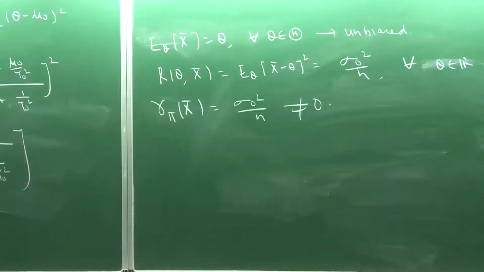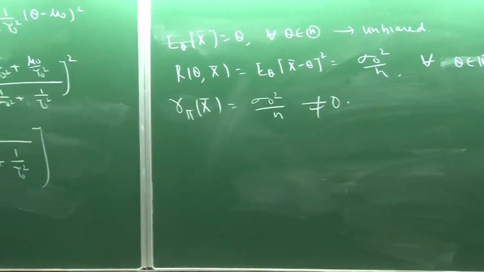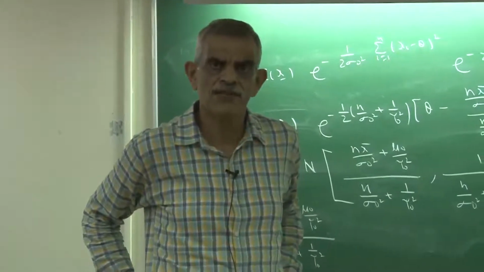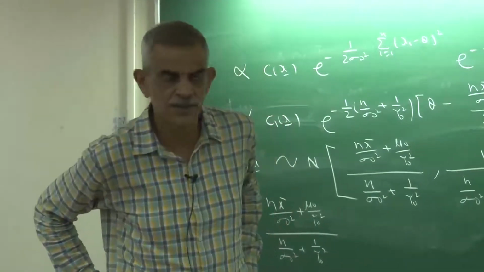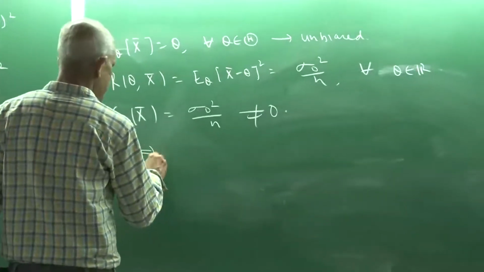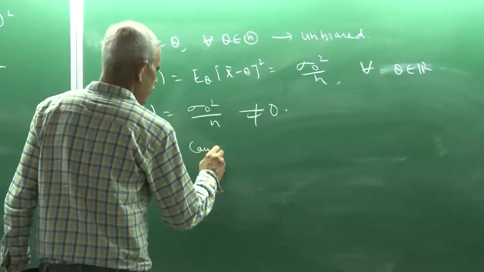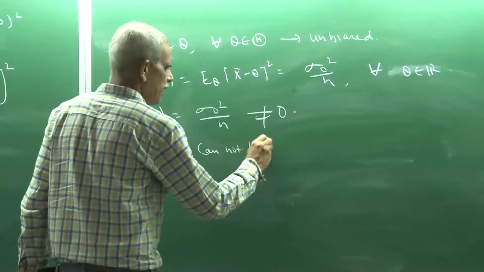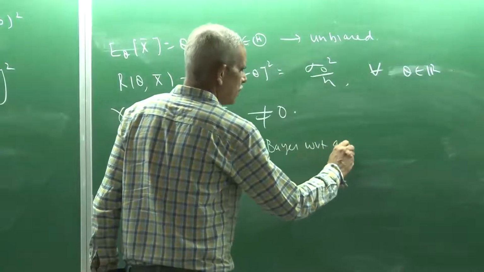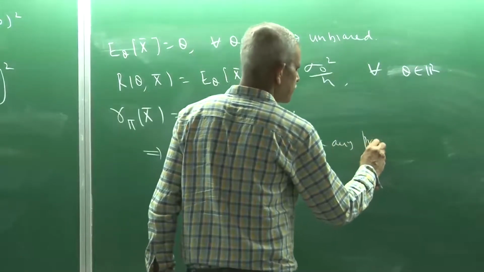And you did a result that if there is an unbiased estimator, and if that unbiased estimator is also the Bayes estimator with respect to square error loss function, then the Bayes risk has to be 0. Now here Bayes risk is not turning out to be 0, so this implies that x bar cannot be Bayes with respect to any proper prior.